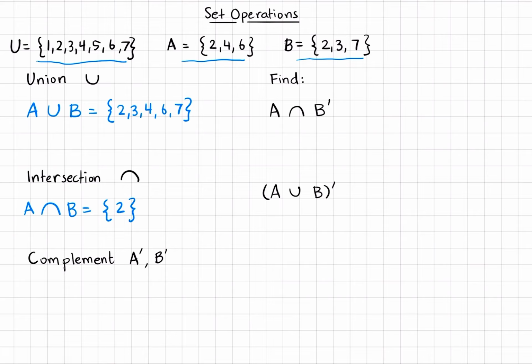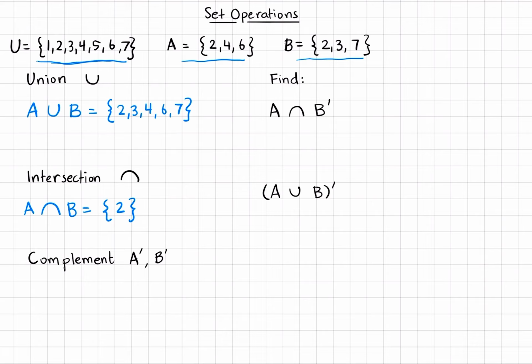The last thing for this video we're going to be talking about, before we go into a couple of examples, is complement. A complement of a set is all the elements that are not in that set but are still in the universal set. Remember, our universal set we defined up here has the elements 1, 2, 3, 4, 5, 6, and 7.